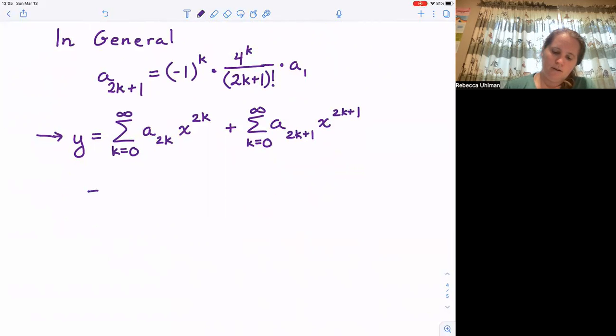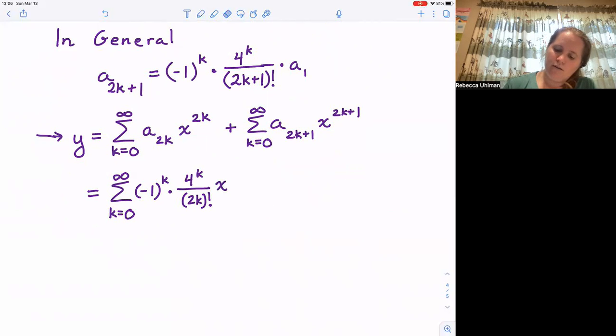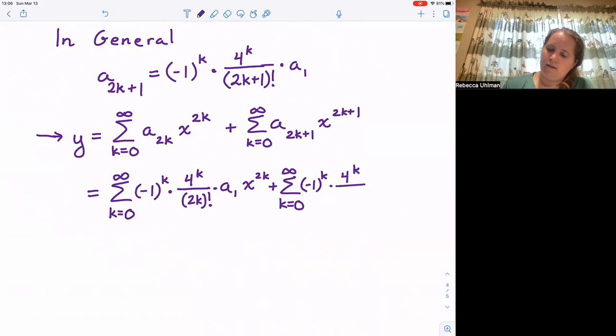Substituting in with our new formulas, we're looking at the sum from k equals 0 to infinity of -1 to the k times 4 to the k divided by 2k factorial, then multiplying by a0 times x to the 2k, plus the sum from k equals 0 to infinity of -1 to the k times 4 to the k divided by 2k plus 1 factorial.